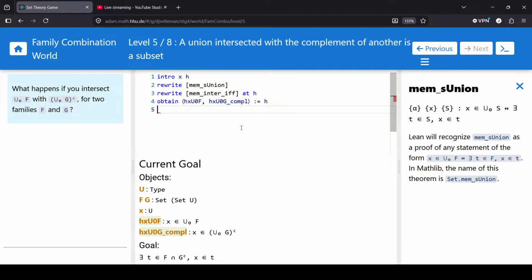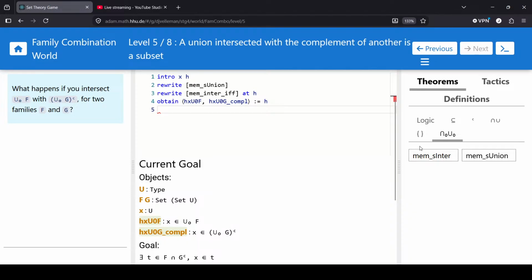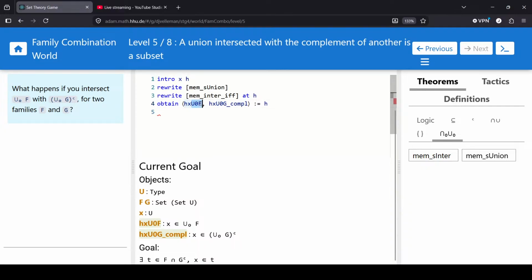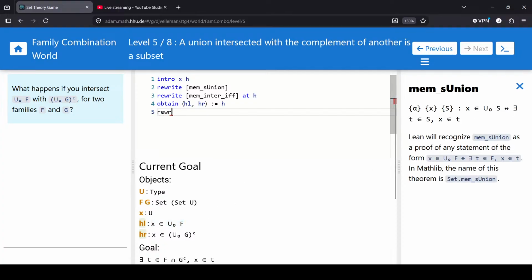So now I should be able to do the rewrite here. And if I had been thinking about that, I probably wouldn't have named it this. I guess I'll just call it H left and H right. Because we're going to rewrite this anyway. And this guy.